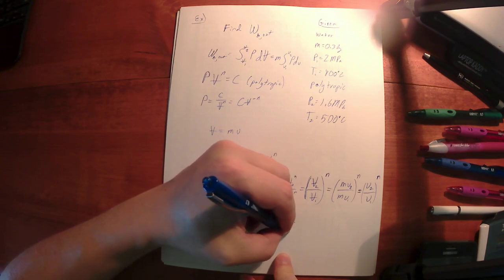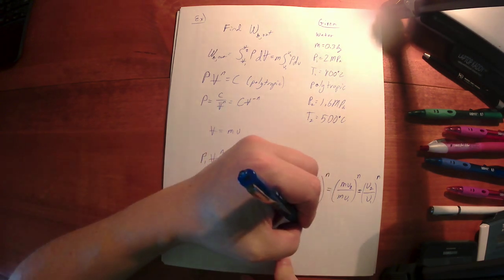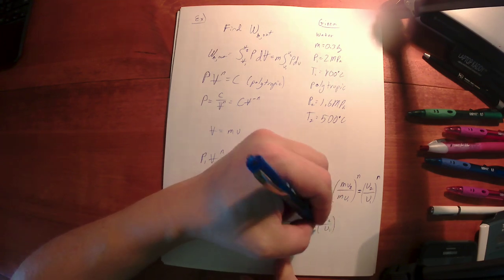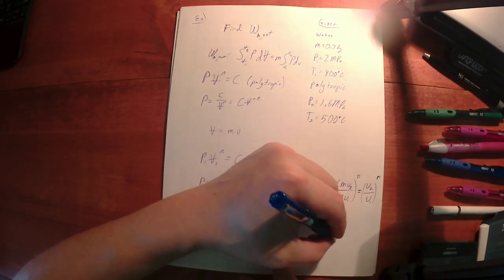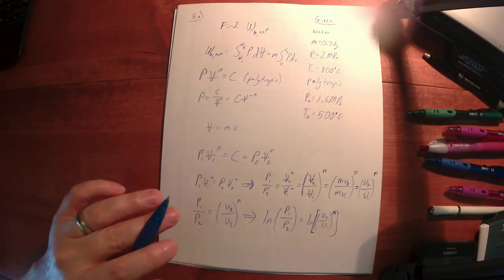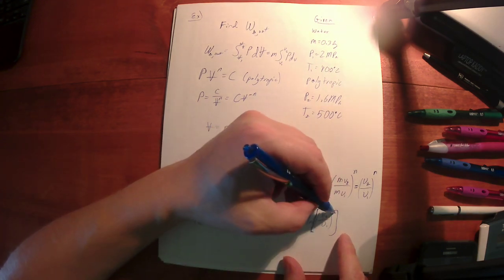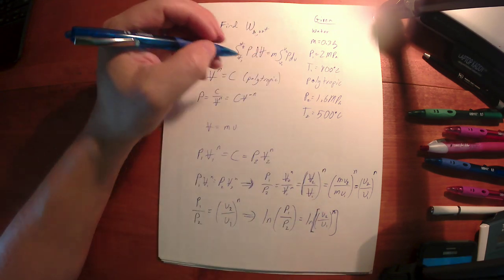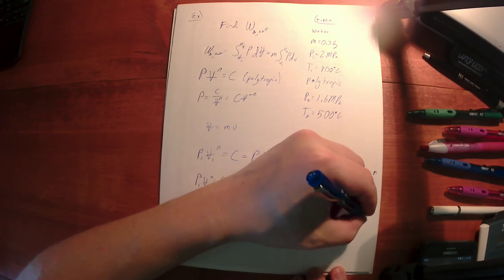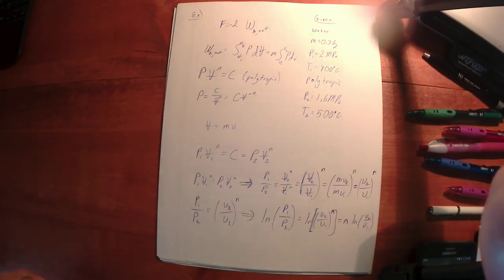I'm going to take the natural log of both sides of this expression: the natural log of P1 over P2 is equal to the natural log of V2 over V1 to the power of N. If you remember some logarithmic algebra, and most of us don't unless you use it on a regular basis, this N can factor out. So this becomes N natural log V2 over V1. And I've got to stop there. So next thing.